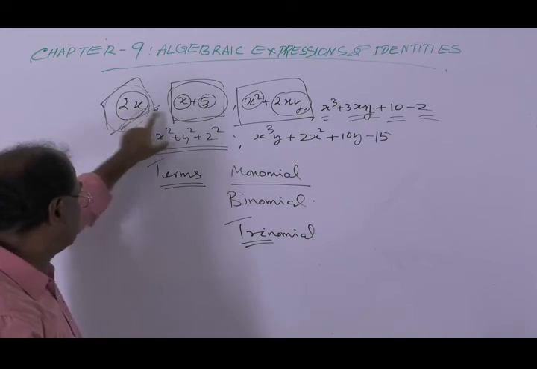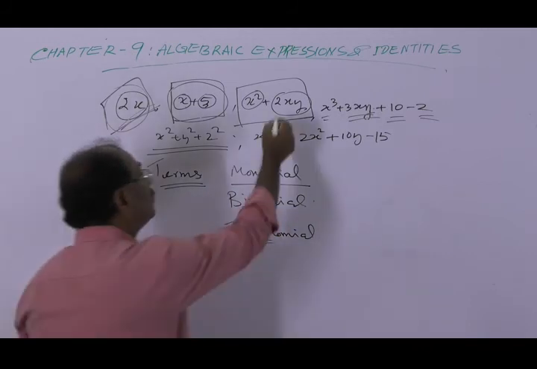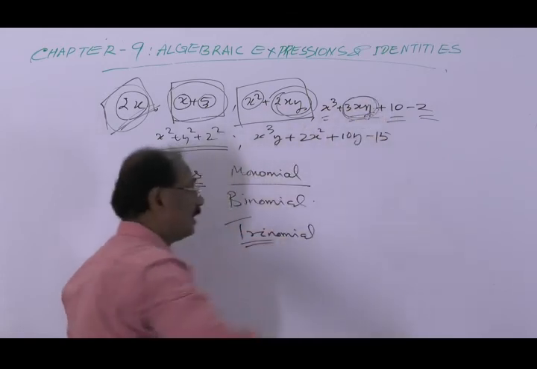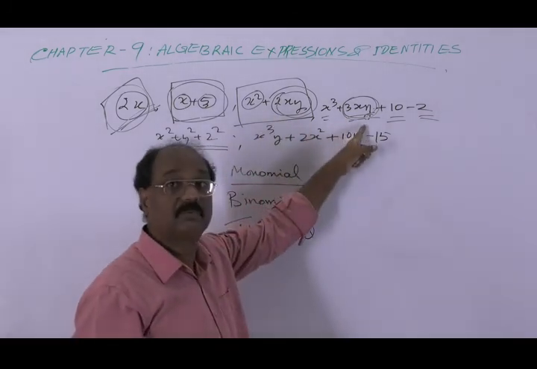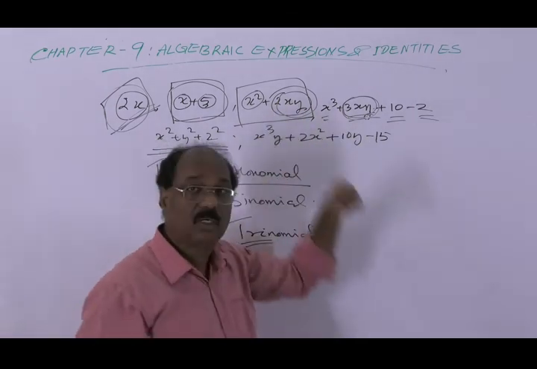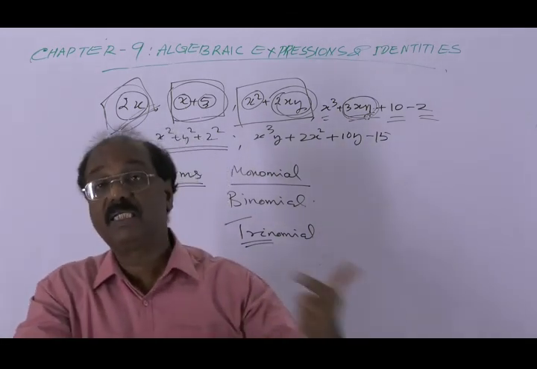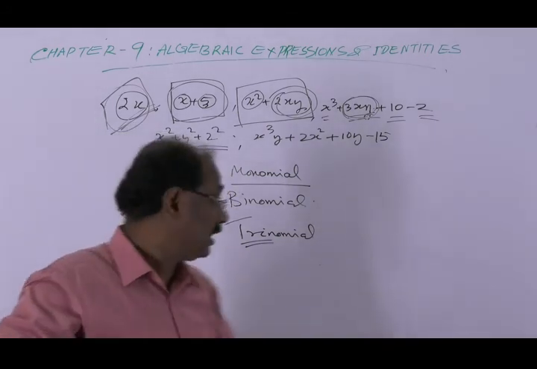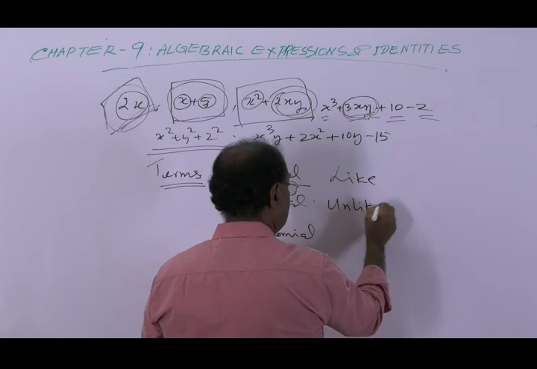The variable part here is x, here also x. So these two are like terms. Consider 2xy in x squared plus 2xy and 3xy in x squared plus 3xy plus 10 minus z. These two are like terms. Variable part xy, here also xy, irrespective of the constants. Constants can be different. Otherwise, if the variable parts are different, the terms are said to be unlike terms.